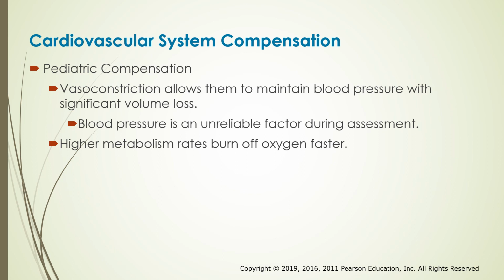The problem with kids is they're burning oxygen a lot faster, and they can compensate, and then all of a sudden they just can't. So they seem normal, and then boom, they crash. So we have to really keep a close eye on our pediatric patients for subtle changes, and always err to overtreat than to undertreat.